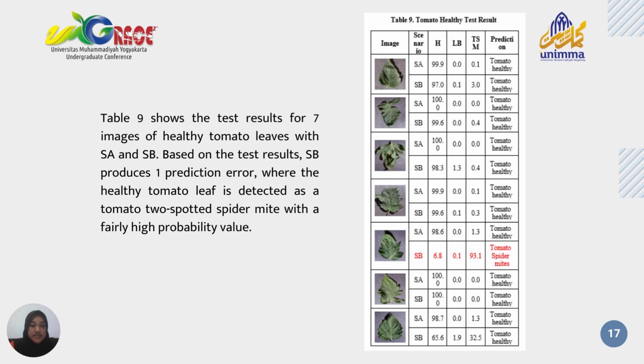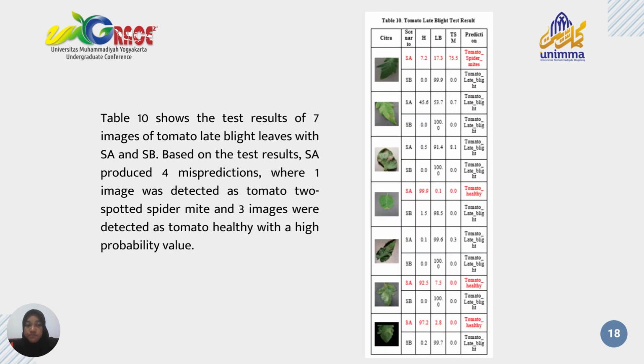And we can see that table 9 shows the test result on 7 images of tomato leaf with SA and SB. Based on the result, SB produced one prediction error, where the healthy tomato leaf is detected as a tomato two spotted spider mite with a fairly high probability value.